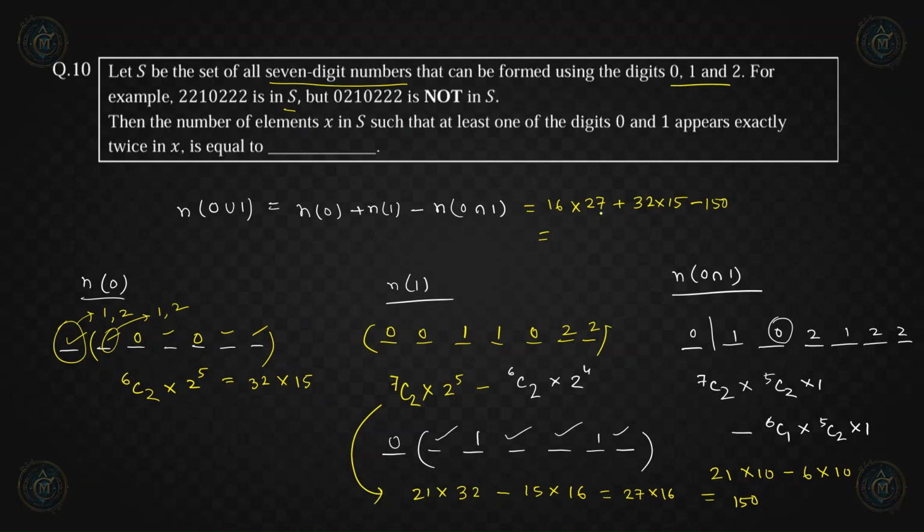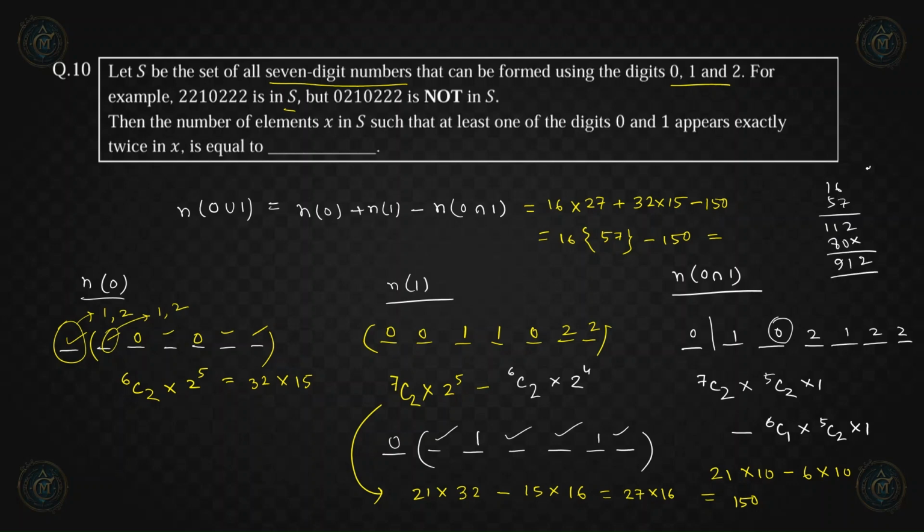So then we have here, we can take again the 16 common, so 16 times this will be 27 plus this will be 30, so we have 57 minus 150, right? So 57 times 16, if we calculate, so it will be 112, and this will be 80, that means 219, right?